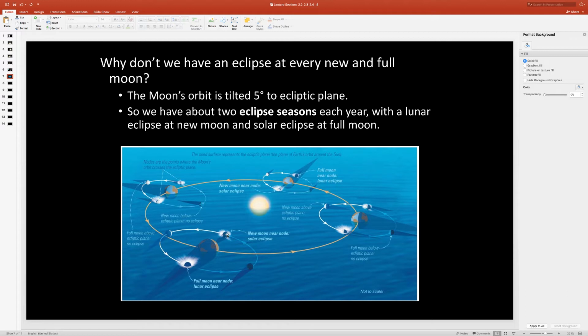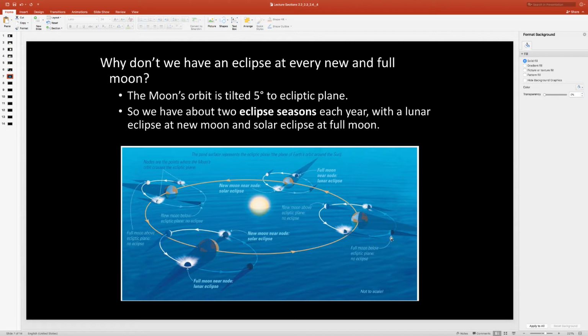And the times when it's right at the surface of this fake pond that we're using to represent the ecliptic plane, there are only 2 times during its orbit that it's in that plane, and those are called the nodes. So here's a new moon near a node that's causing a solar eclipse, and a full moon near a node that's causing a lunar eclipse.